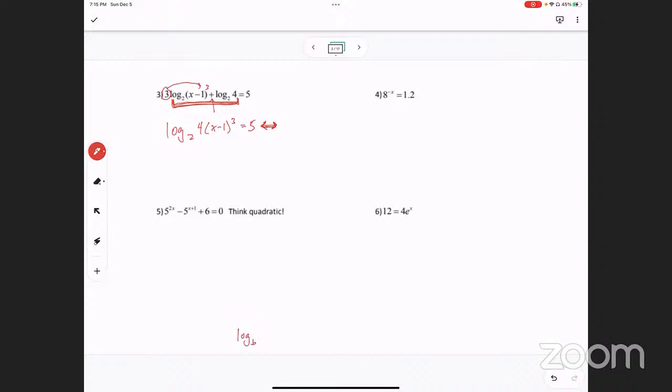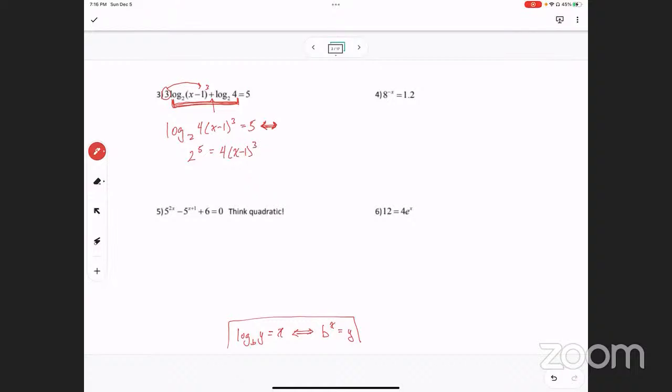If you have log base b of y equals x, that's the same thing as saying b to the x equals y. So for this one, it would be 2 to the power of 5 equals 4 times x minus 1 cubed.